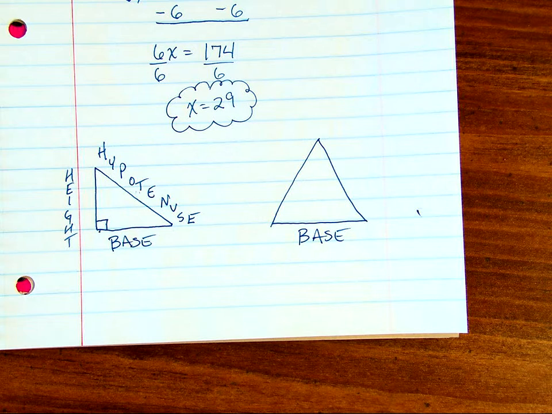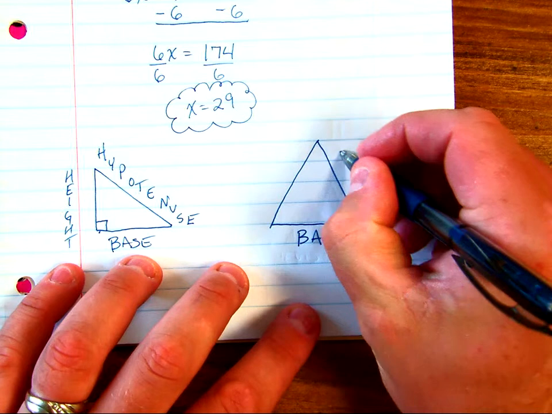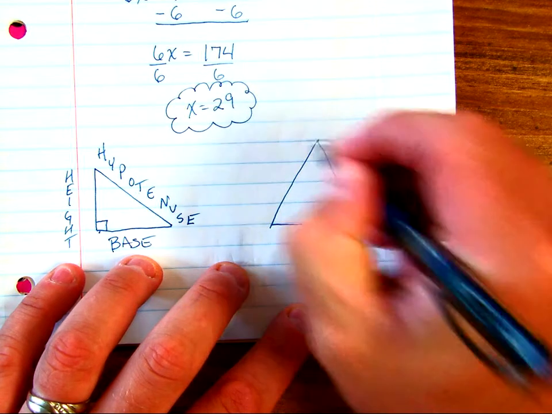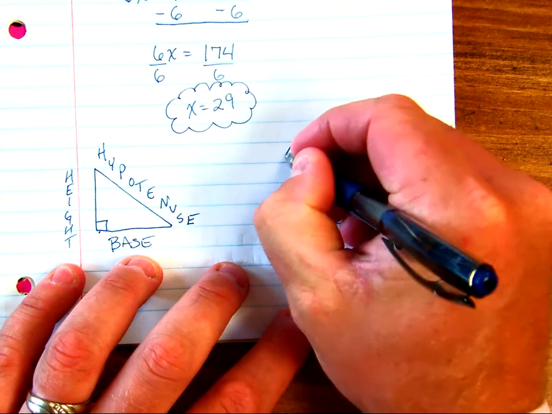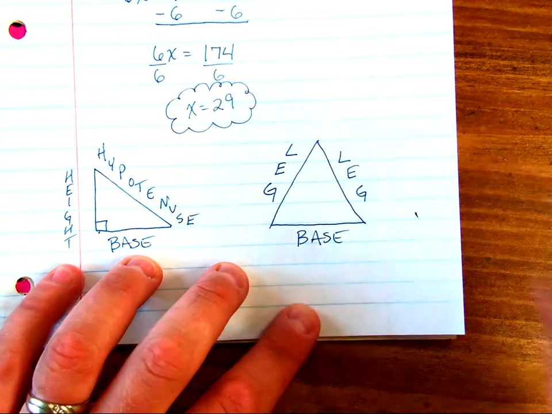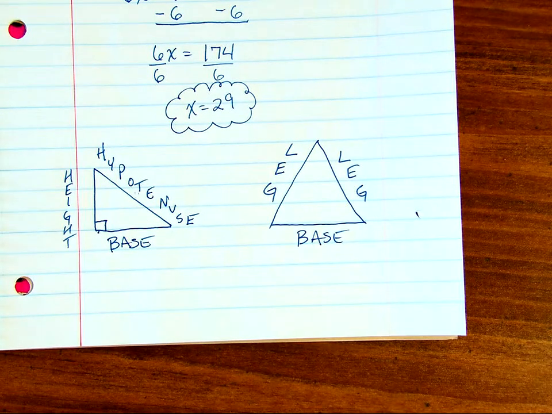Think about when you go to the doctor. Do you stand like sideways when they measure your height? No. Don't you stand up straight and tall, maybe even sometimes on your tippy toes? You have two of them. Legs. This is called a leg. And that's called a leg. Those are called legs.